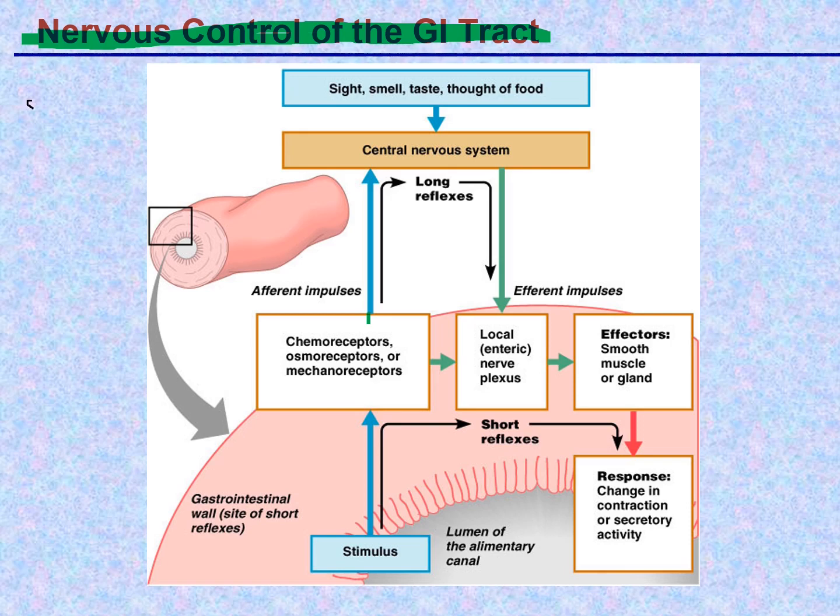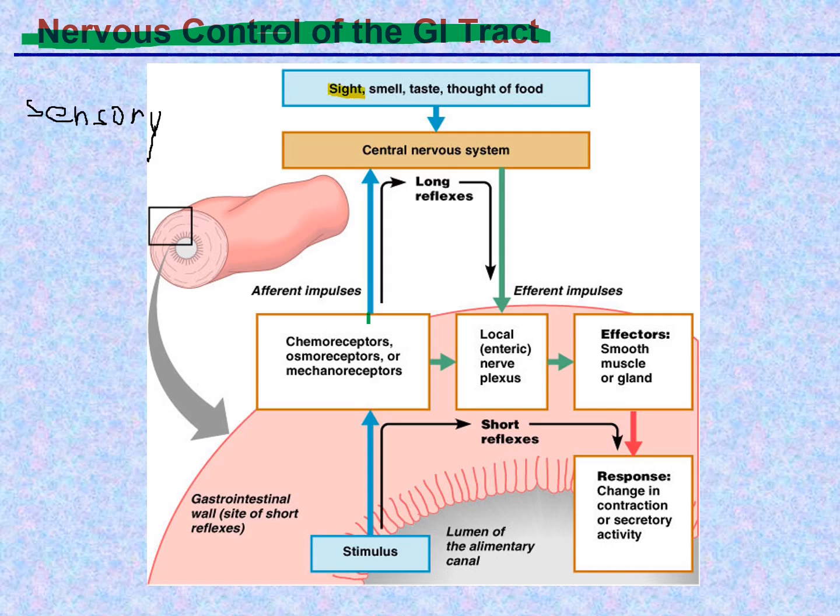So you have sensory input, right? Signals are picked up by specialized sensory tissue, and here are some examples of that kind of specialized sensory information.